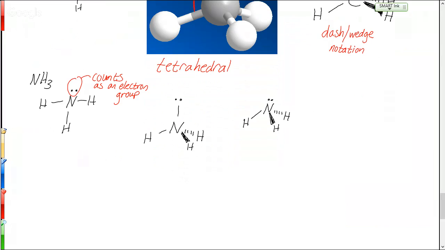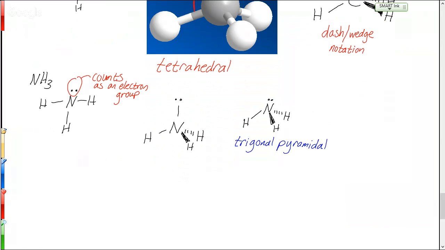So even though this is based on the tetrahedral geometry, because the actual shape that we see is a little bit different, we have another name for the shape, trigonal pyramidal. So it's based on the tetrahedral electron geometry, but the shape has its own name because that's what we actually see. That's the molecule's shape that we actually see.